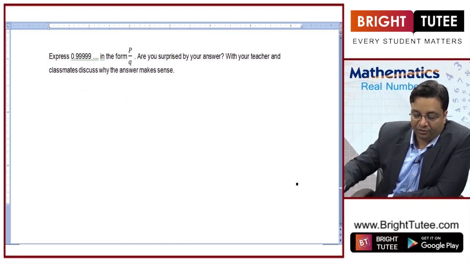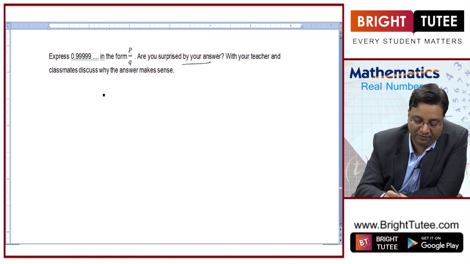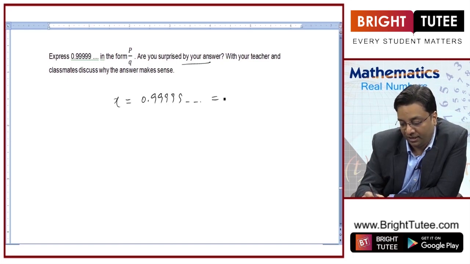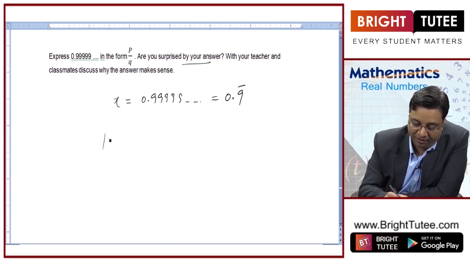Express this number in the form of p by q. Are you surprised with your answer? Let us see what is the answer. If I write x equal to 0.999999 and so on, I can write it as 0.9 bar, right? Now if I multiply both sides by 10, I'll have 9.9 bar here.